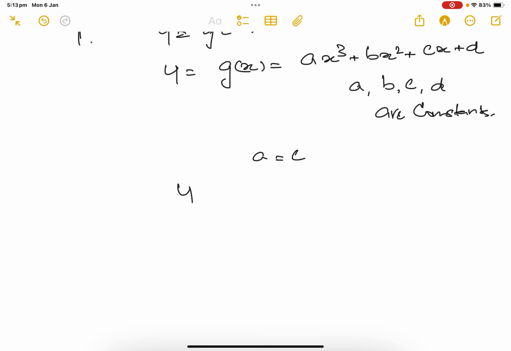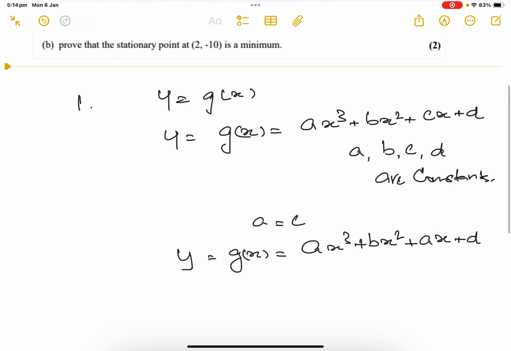So now we can rewrite y equals g(x) as ax cubed plus bx squared plus ax plus d, because a equals c. Right, now we have the equation of the curve, the cubic expression.